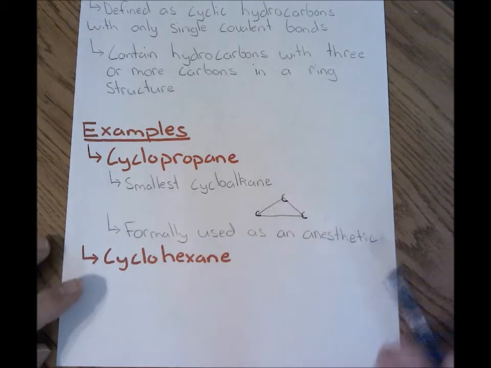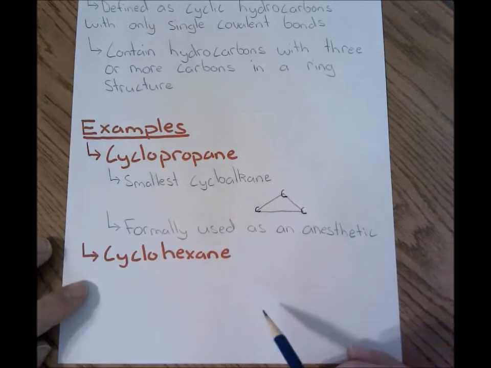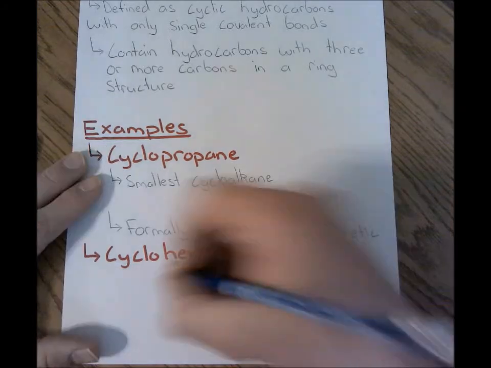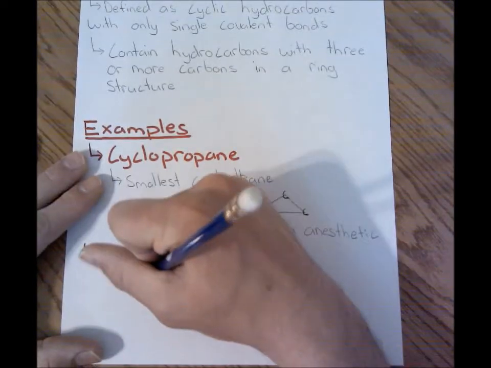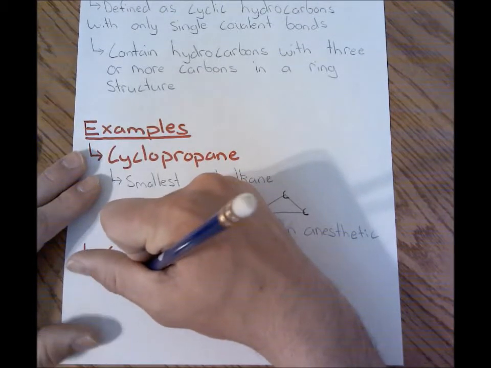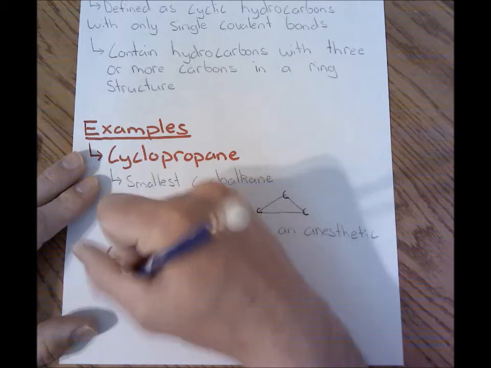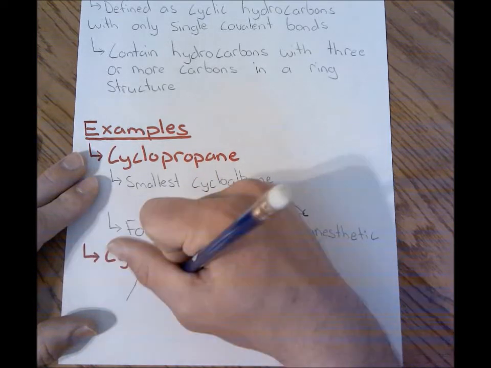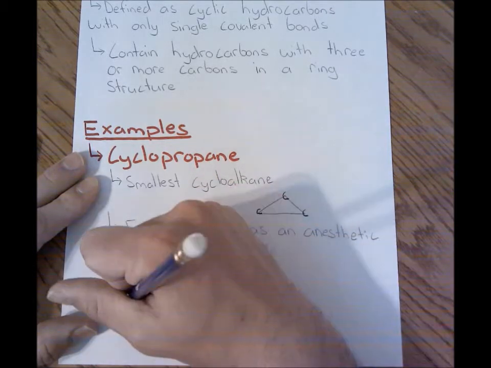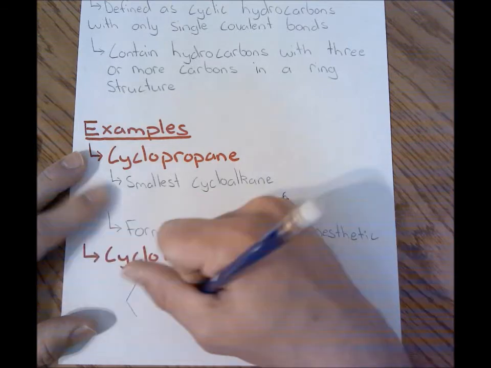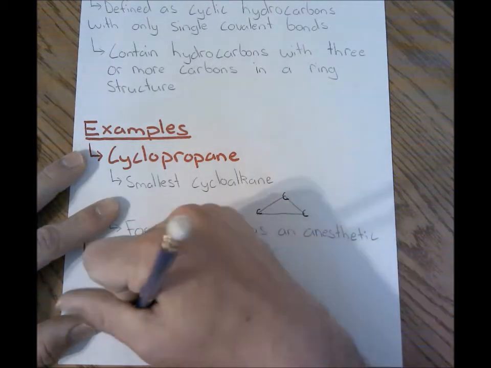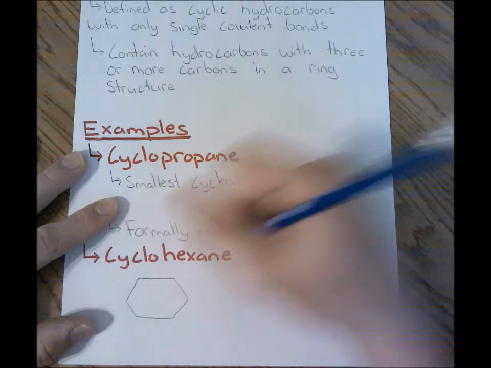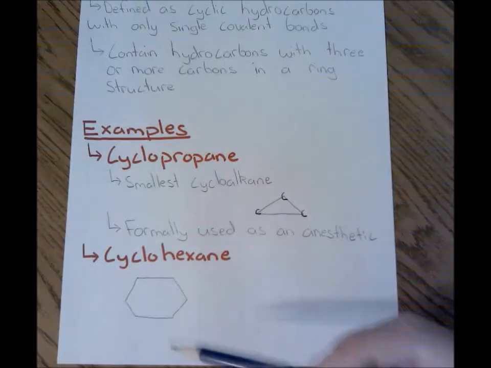So what this looks like here is this. It has a 6-sided ring structure that looks like this. And so that would be our cyclohexane.